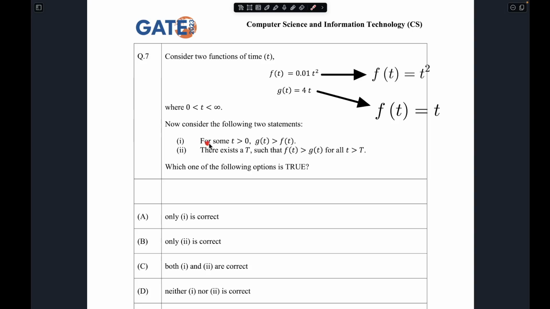Once you have distilled the question down to considering only two statements and that only their validity matters, then you can take the time to read every word, because that way, at least in the technical domain, you will not make mistakes. So read those one or two statements very clearly: for some t greater than 0, g of t is greater than f of t.